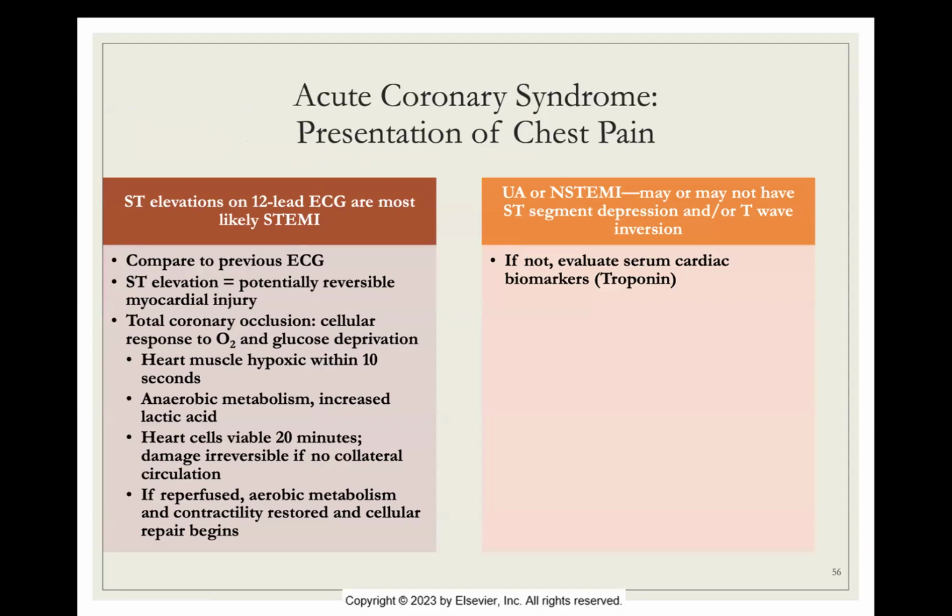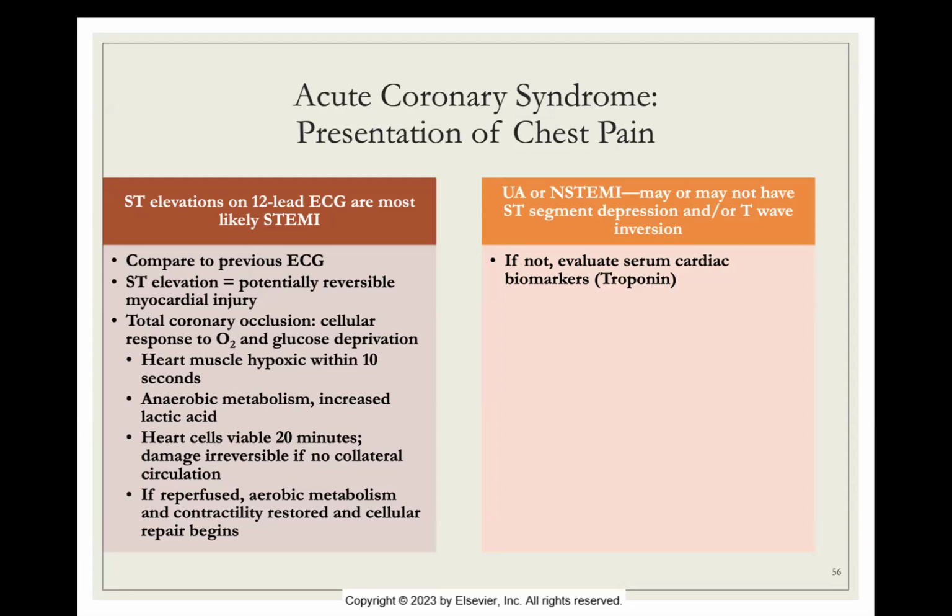Okay, so when we have patients come in with chest pain, well, first thing that we're going to do, besides getting vital signs on them, is we want to make sure that we get a 12-lead EKG. If there are ST elevations on the 12-lead EKG, they most likely are having a STEMI. We need to make sure if there's previous EKG history available that we're comparing their current EKG to their previous EKG to see if this is a significant change.